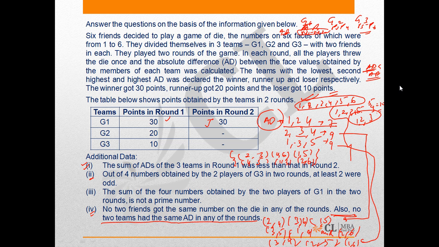This condition would get satisfied only when 2, 3, 4, 6, 1, 5 is taken up with the last case, that is 3, 4, 2, 5 and 1, 6.